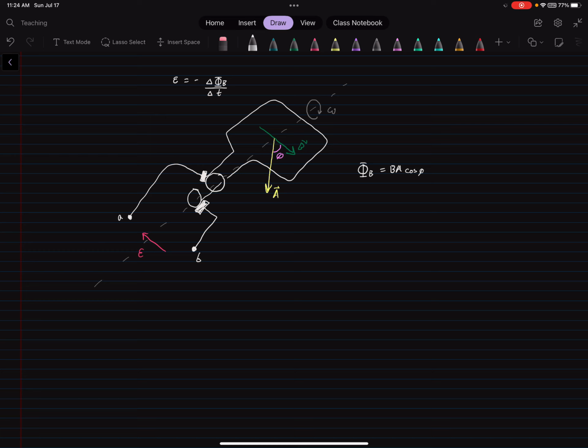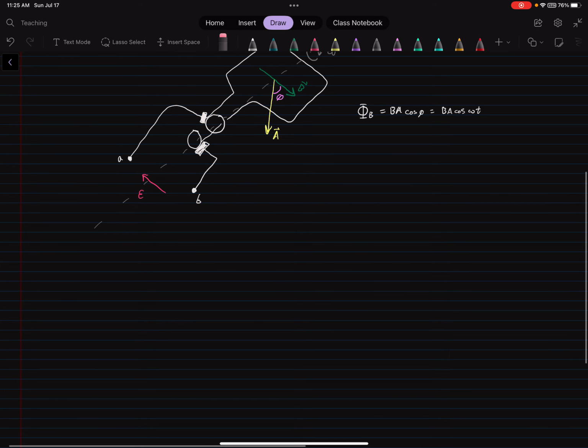All right, and then I'll just tell you that we can say that this is B times A times cosine omega t, because this angle corresponds to this angular velocity per time t.